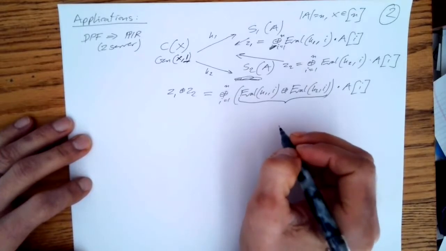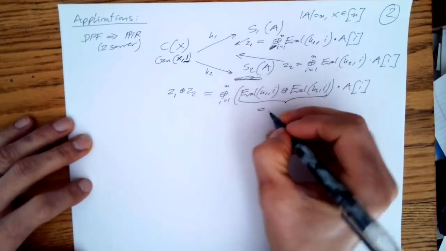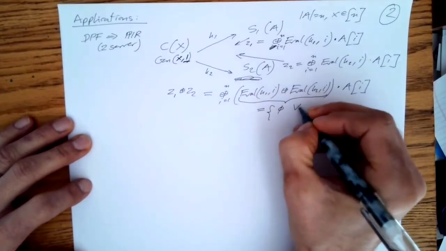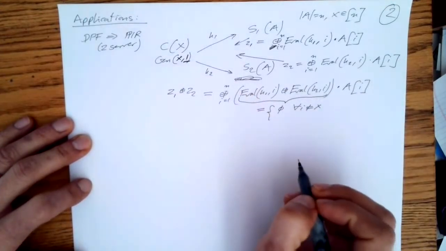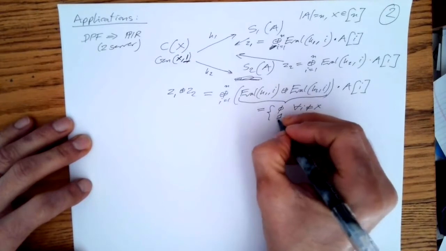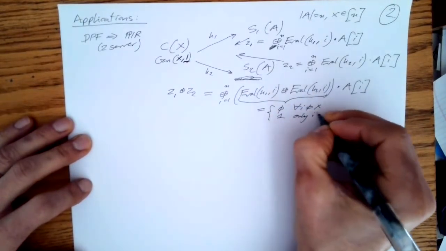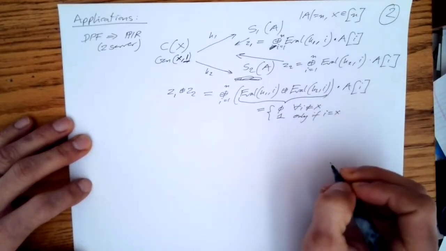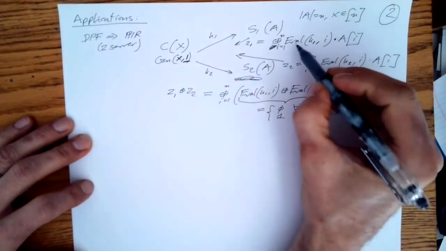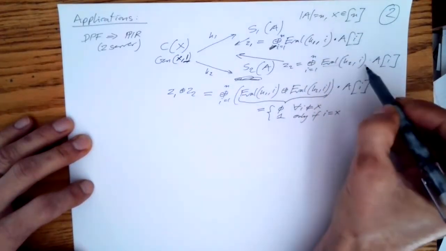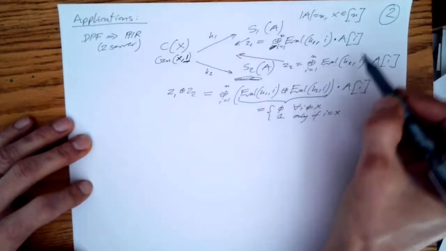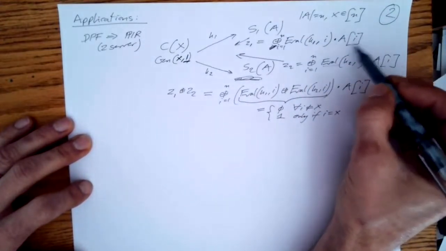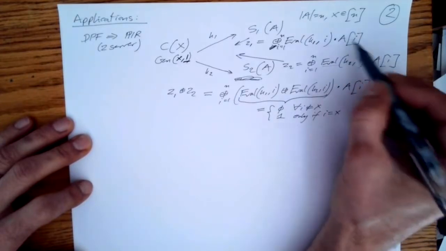But this, by the distributed point function property, is equal to 0 for all i not equal to X, and 1 only if i equals X. So this bit is the same as that bit for all entries i not equal to X. Therefore, in the grand XOR of everything, the corresponding ith item of A is going to XOR out.